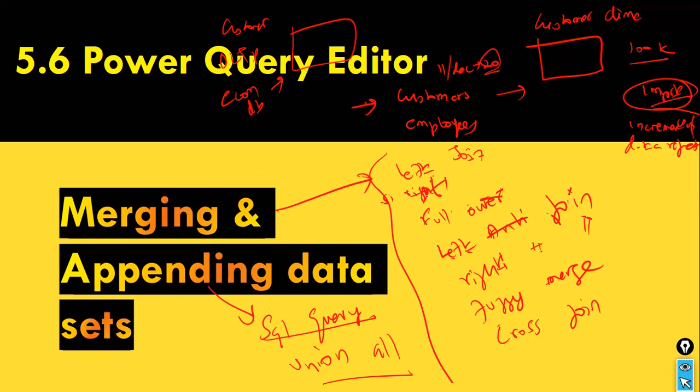Merging is nothing but left join, right join, full outer join, left anti-join, right anti-join, fuzzy merge, cross join. Fuzzy merge is specific to the Power Query Editor in Power BI. And cross join is very simple. Cross join is nothing but a Cartesian join.